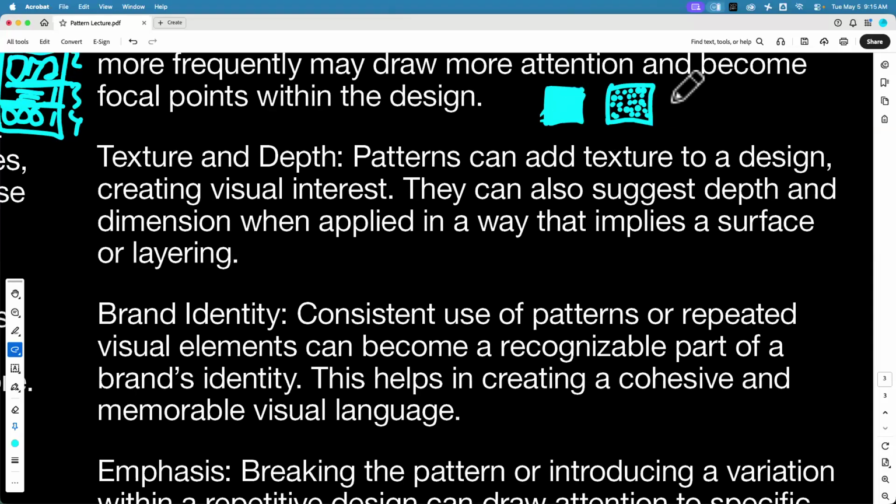Is this more interesting or is this more interesting? This creates some interest, just as long as it doesn't take away from the message, we're fine. If the pattern and that repetition starts to take away from the message, then it's a problem. Then we can't use it. So something to think about.